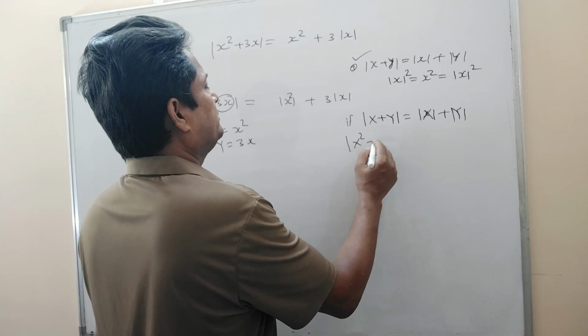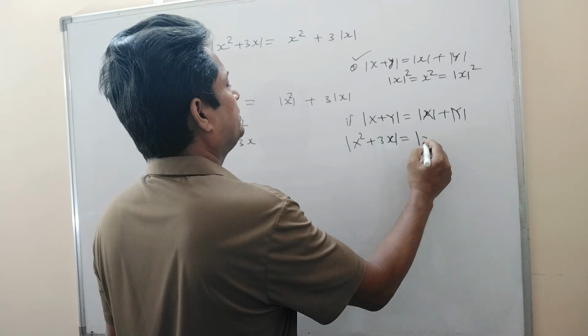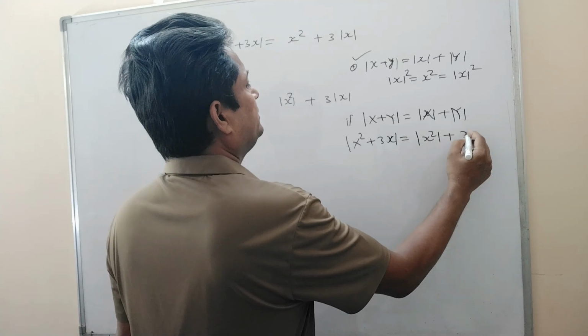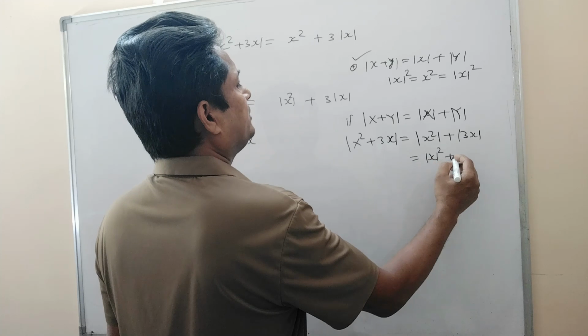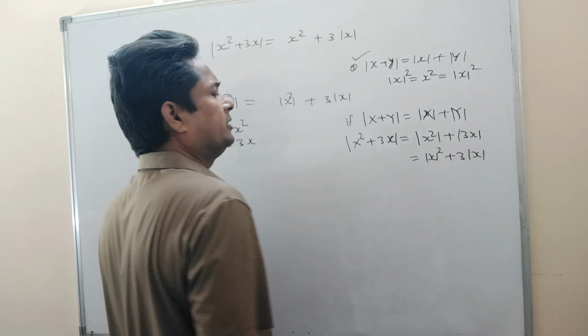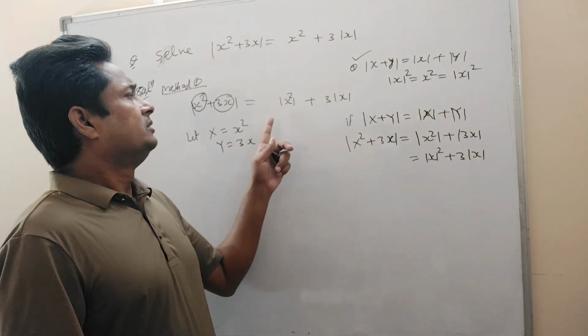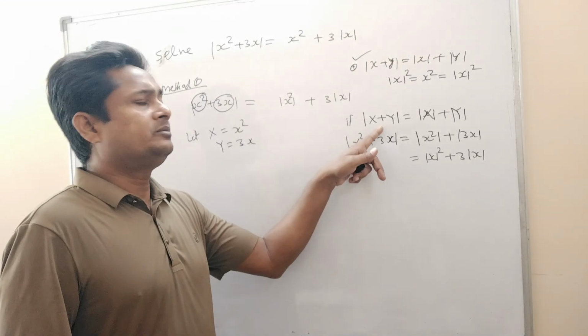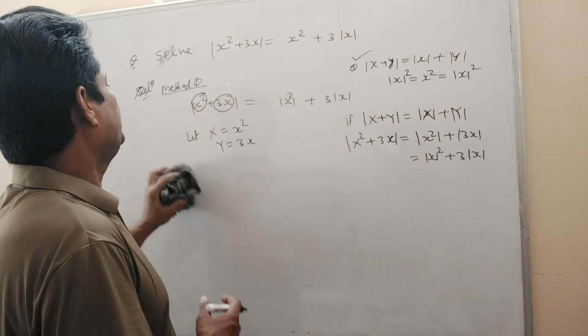That means mod of x square plus 3 times x is equal to mod x square plus 3 times mod x. So for this equation, this property holds, so we can apply this one.